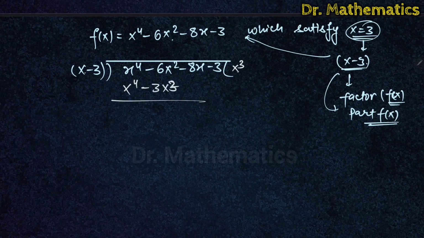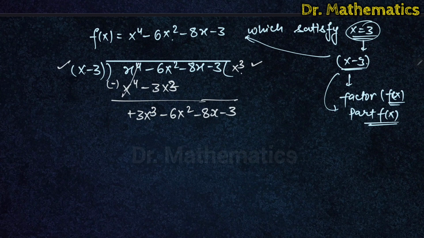This cancels out because we subtract the lower from the upper. Minus 6x square, and 0 minus minus 3x cube gives plus 3x cube, minus 6x square, minus 8x minus 3.